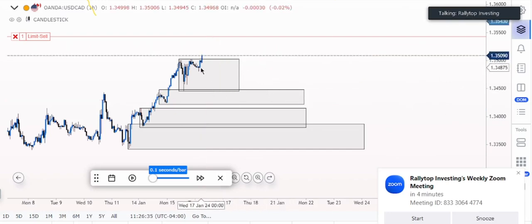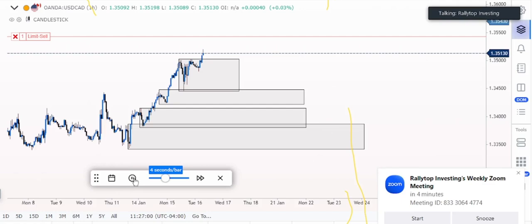I'm coming. Now take a look at this. This is the candle that took out the high of this order flow, isn't it? Are we together? Now, if I play price forward, let me do it slowly so we can understand.